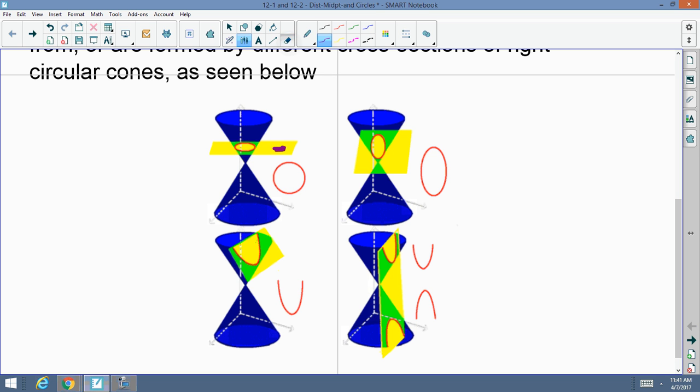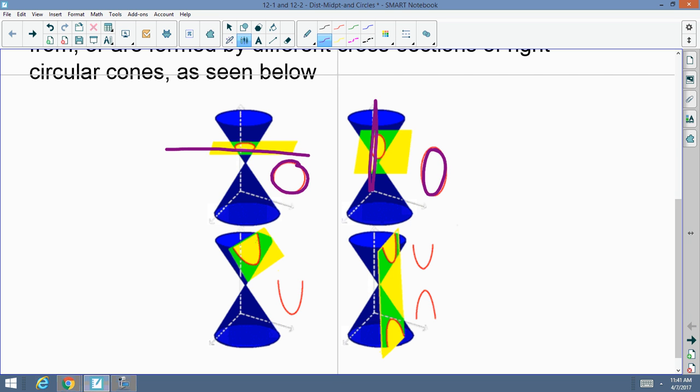If I take a sheet of paper, that's what these yellow things are here, or let's say a razor blade, and I cut immediately right down the middle horizontally through the conic section, I get a circle. If I take that blade or piece of paper and I cut it vertically, I get what's called an ellipse.